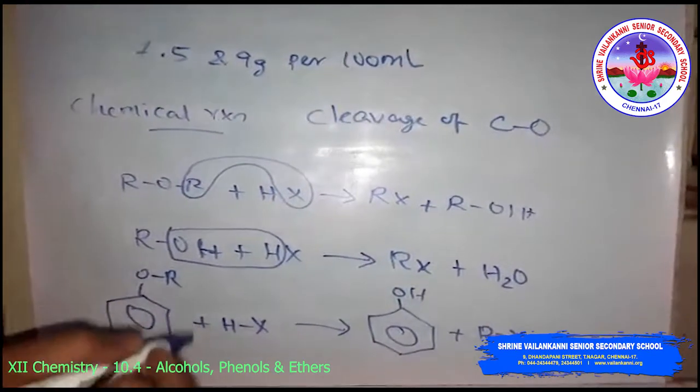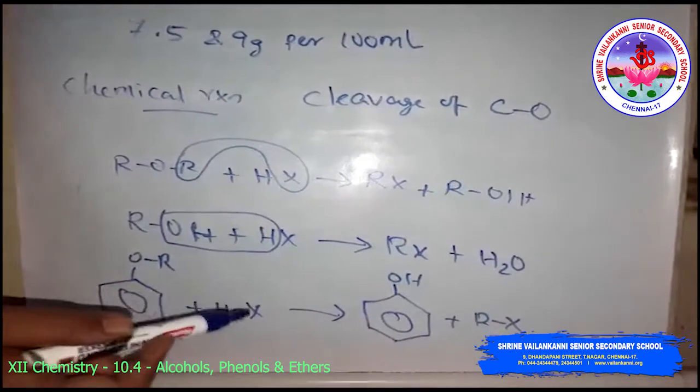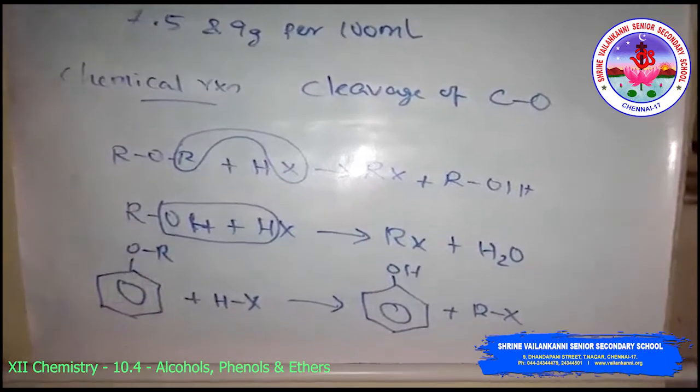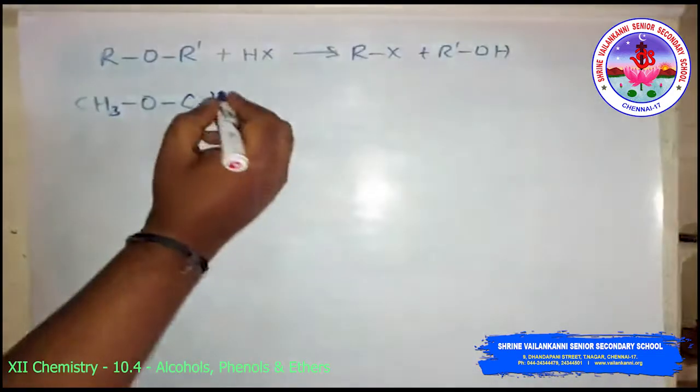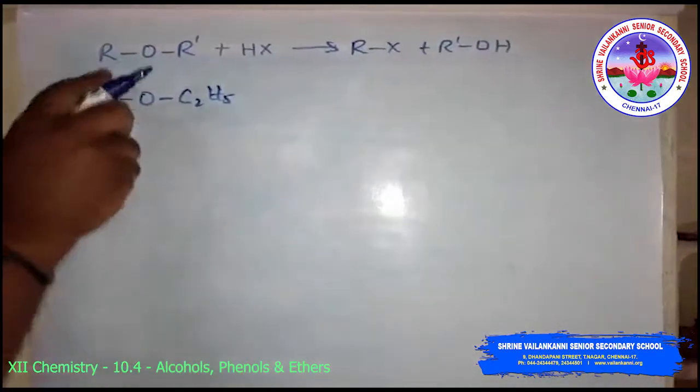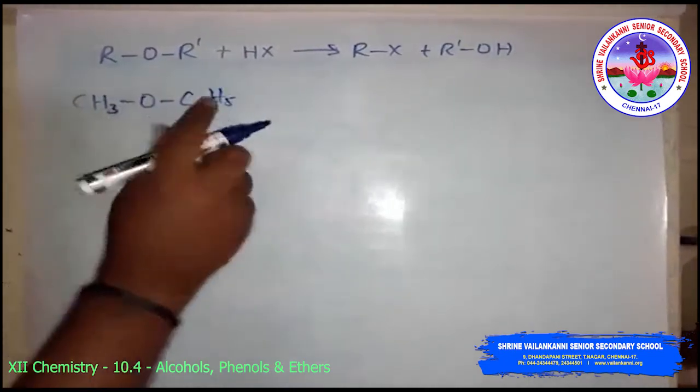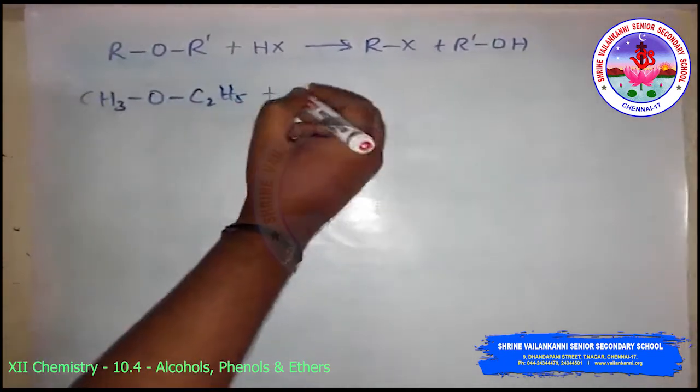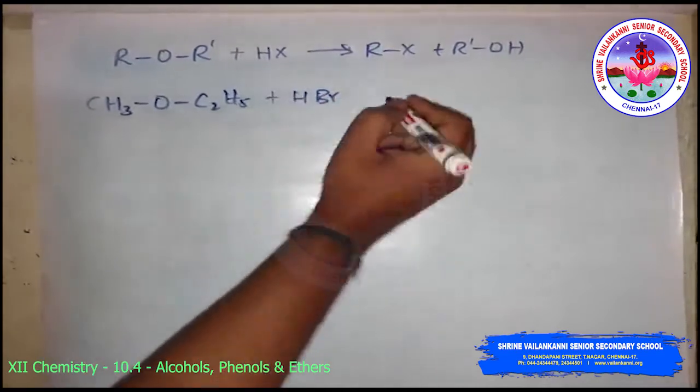Ethers with two different alkyl groups are also cleaved in the same manner. Look at this: the different alkyl groups CH3 and C2H5 react with hydrogen bromide.